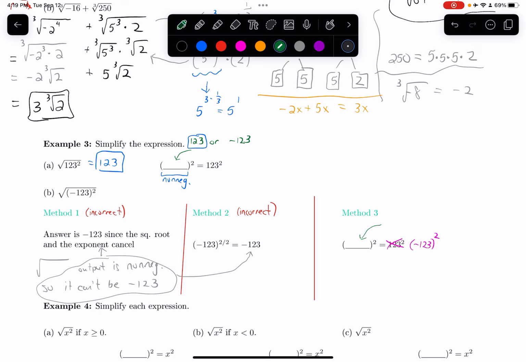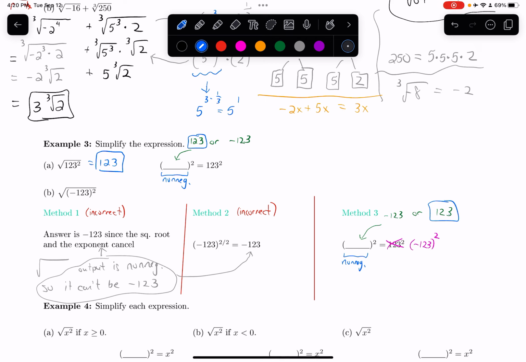What could go in these parentheses to make it work? Two things. It could either be negative 123, which clearly matches up, or it could be positive 123, because with both of these, squaring the number gets rid of the negative. Well, I know I have a square root, so the output, the number I'm looking for, needs to be non-negative. So it's got to be the positive 123.